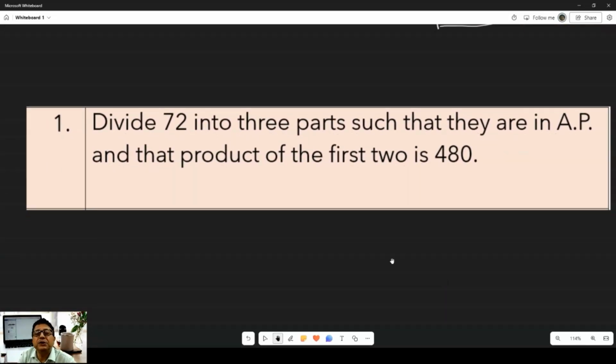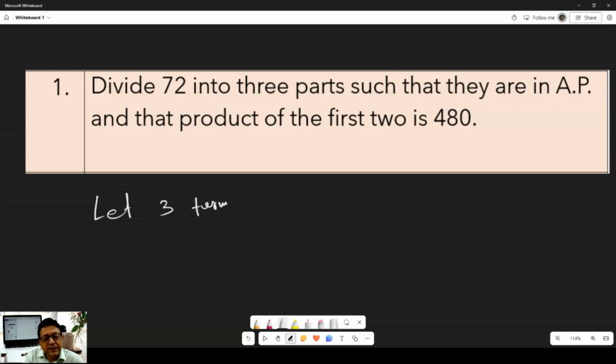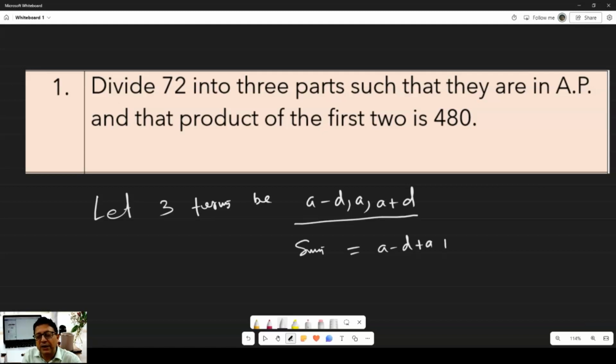Divide 72 into 3 parts such that they are in AP and the product of first two is 480. So let us solve this by taking 3 terms in AP. Let 3 terms be a minus d, a, a plus d. What is the sum of the terms? Sum equal to a minus d plus a plus a plus d.